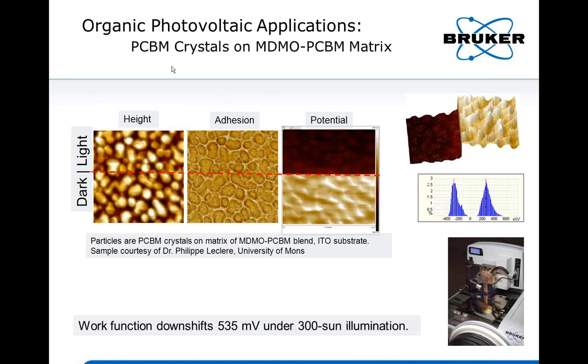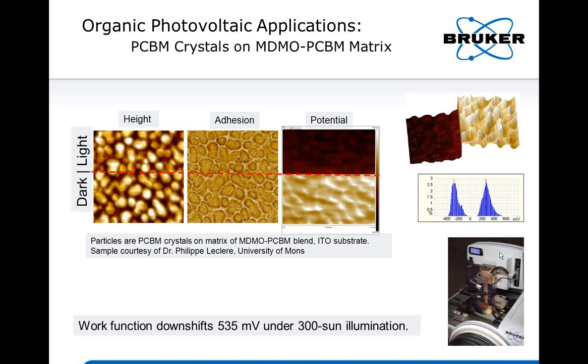Another one is an organic photovoltaic sample, PCBM and MDMO, and you see the height and adhesion. We use illumination to see whether the potential will shift, and we found the potential downshifts about 500 millivolts under 300 sun illumination for this sample.